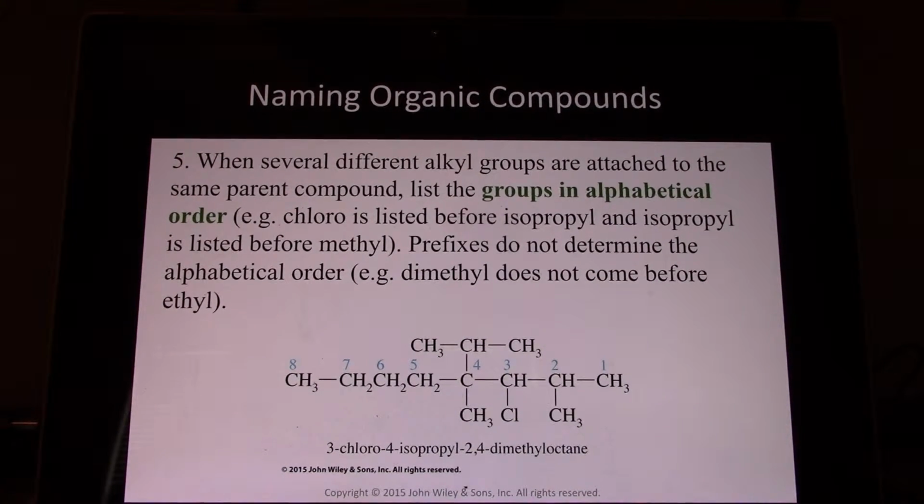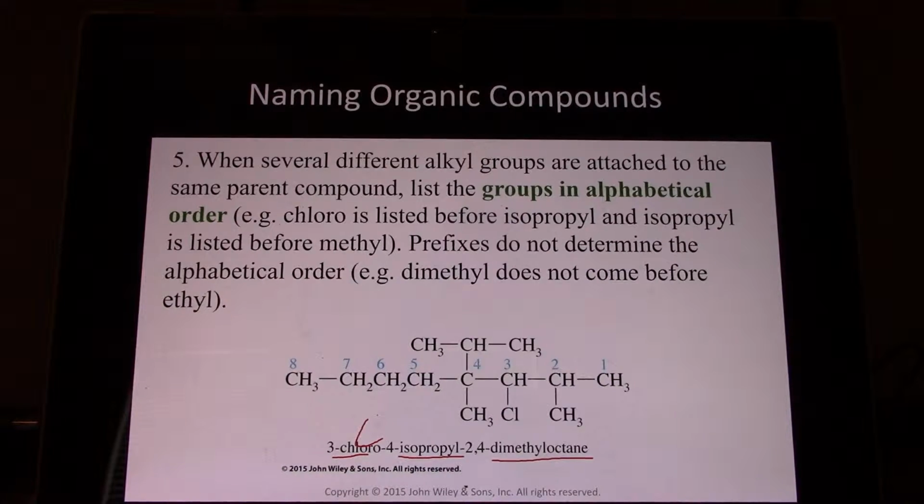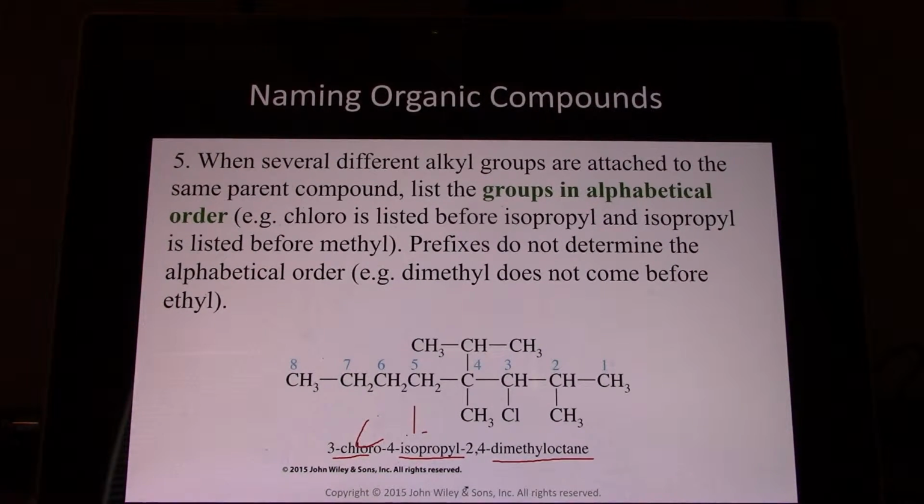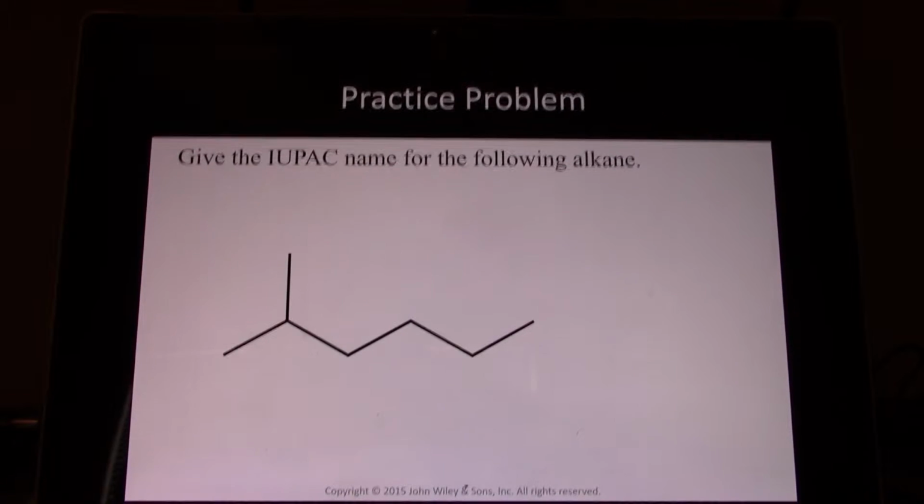And again, chloro, C, then isopropyl, I, and then dimethyl, M for methyl. The di doesn't count. Prefixes don't count in this. So we got the C, I, and M. So it's being done in alphabetical order.